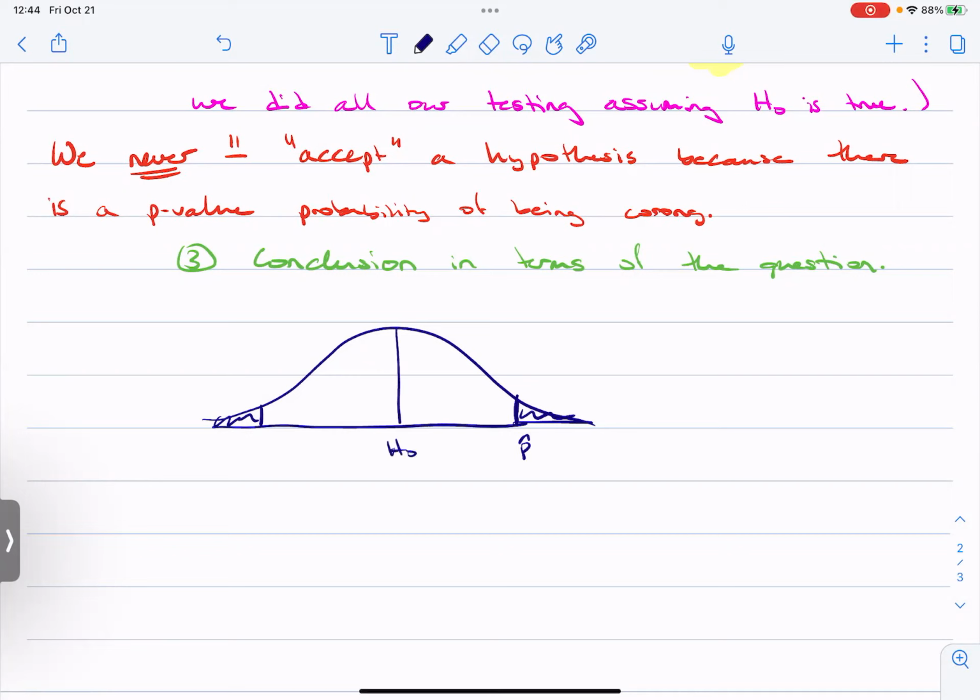I'm going to delete this because it's getting way ahead of ourselves, but it's good to see. So if the sample proportion is far enough away from the null hypothesis, then you say, okay, well, then I'm going to reject the null hypothesis.